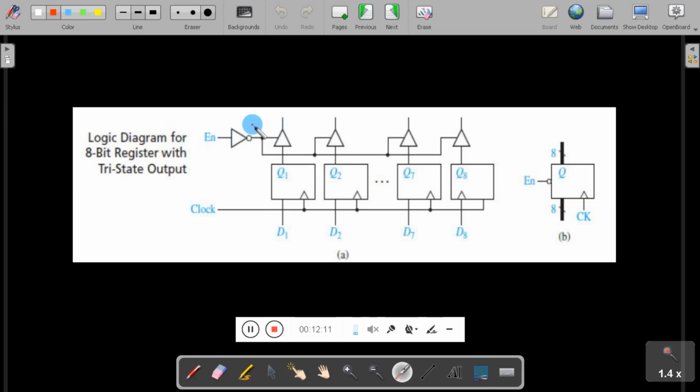When the enable is low, all the tri-state buffers are disabled and the outputs of the flip-flops remain in the last state. So this is the 8-bit register with tri-state output, and this is the corresponding logical diagram of the 8-bit register.